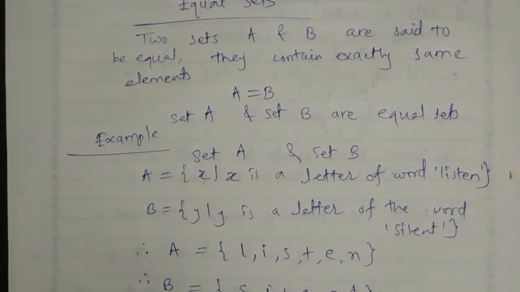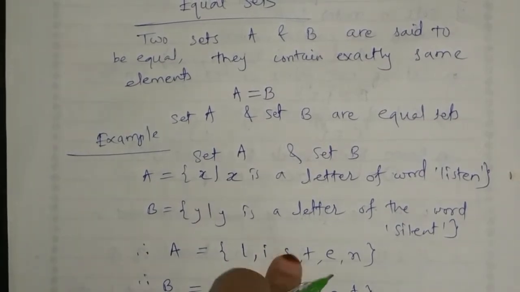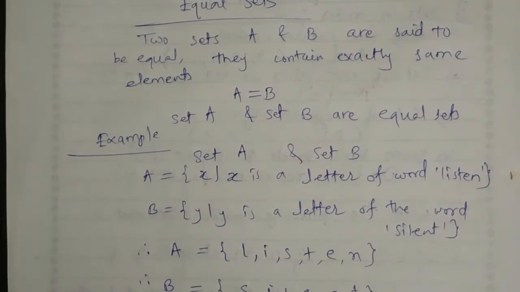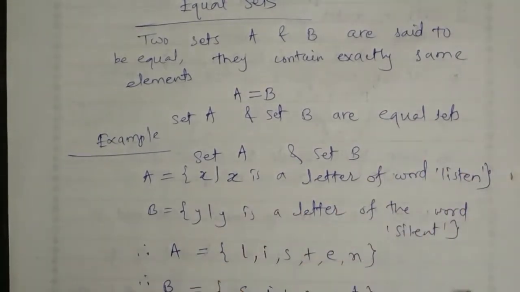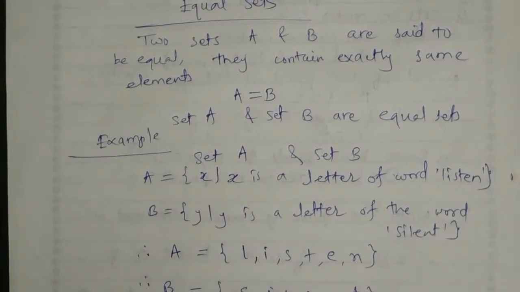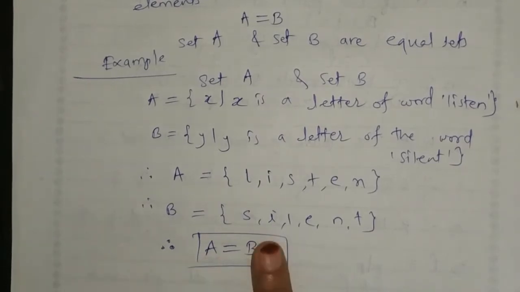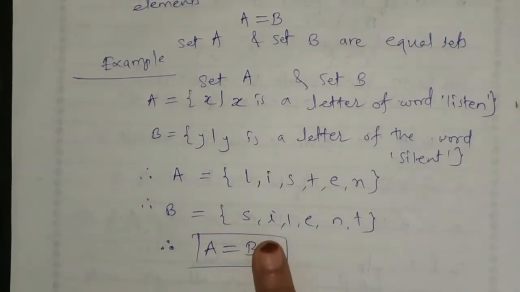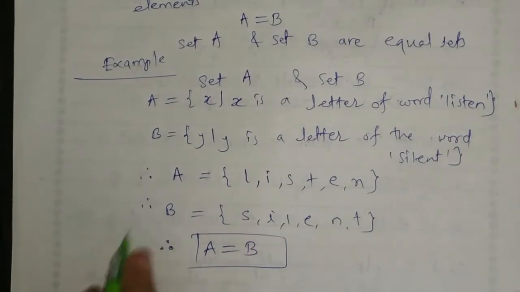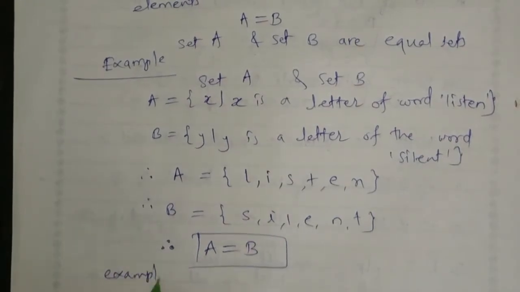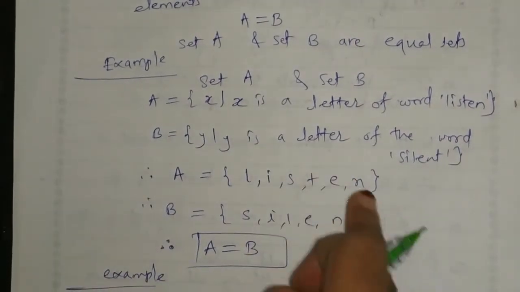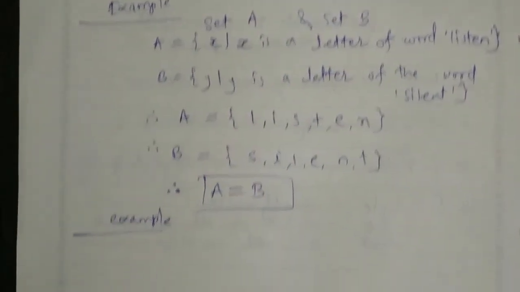Though the orders are not the same, the elements are identical, so you call them A = B. Here set A is equal to set B, and A and B are equal sets. Order doesn't matter, only the elements should be the same.